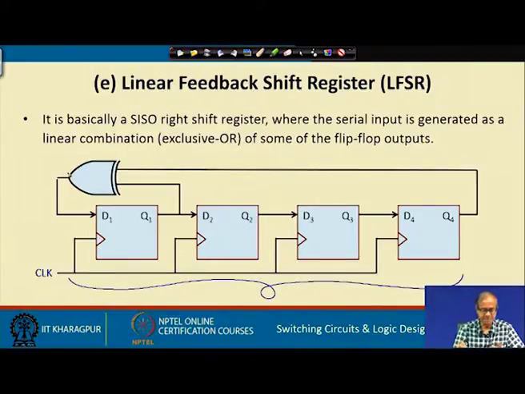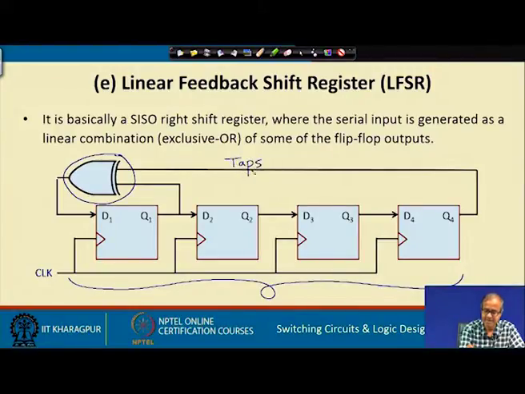In a linear feedback shift register, or LFSR in short, the idea is that we have an exclusive OR gate. To the input of this exclusive OR gate, we feed some of the outputs of this LFSR. Here, for example, we have taken this Q1 and Q4. These are called the taps.